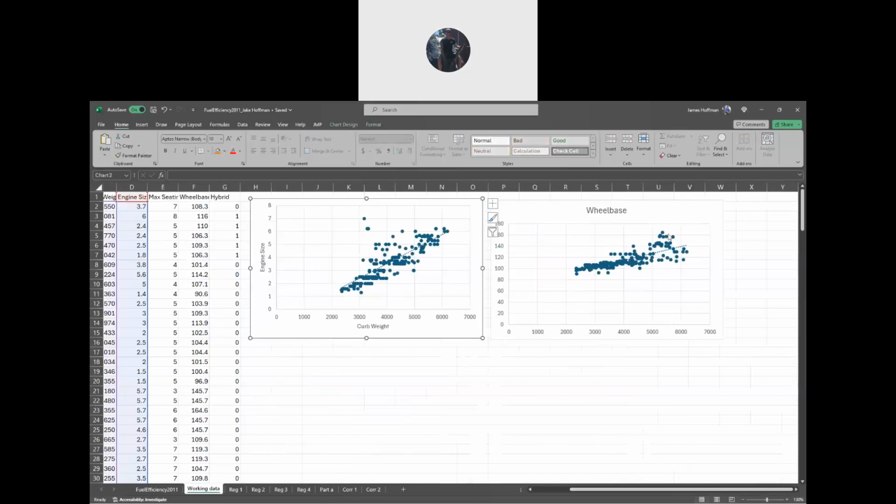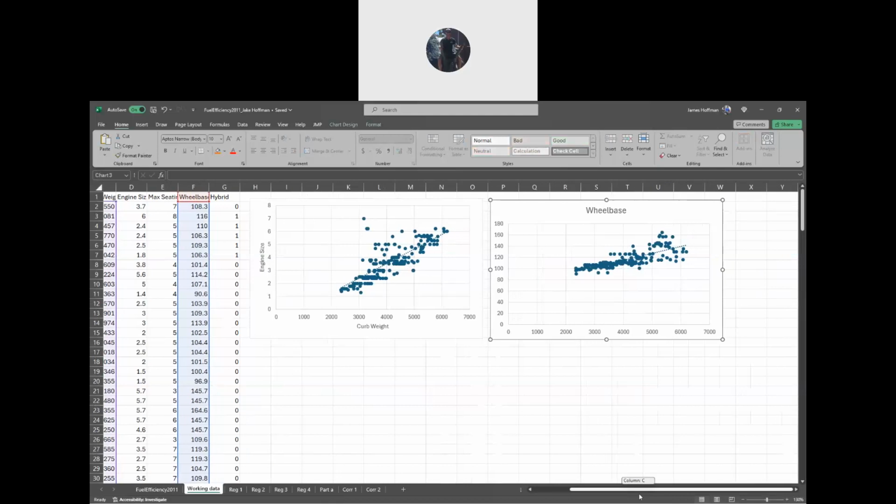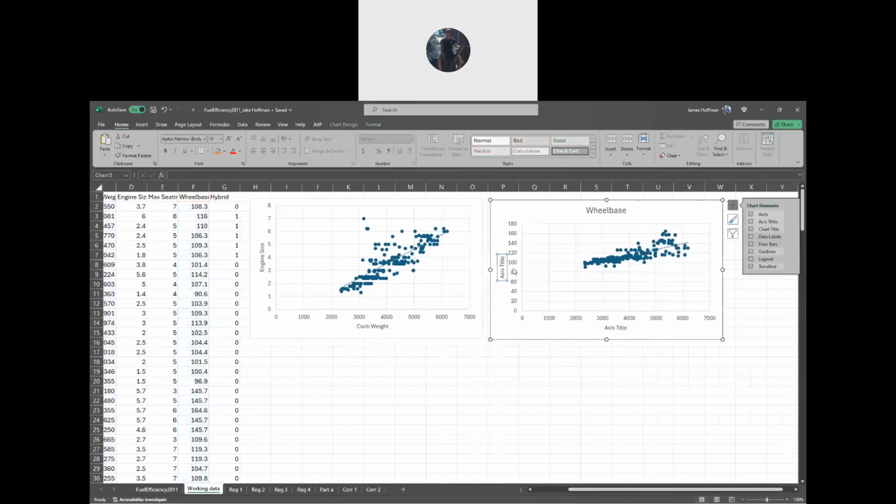And then for this one, this is wheelbase versus curb weight. So this is wheelbase over here, and this is curb weight.